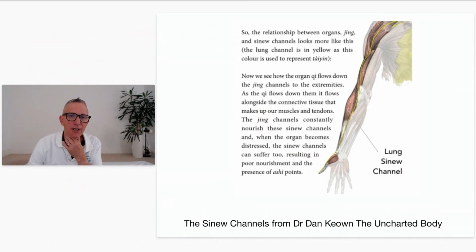He says the jing channels constantly nourish the sinew channels, and when the organ becomes distressed, the sinew channels can suffer too, resulting in poor nourishment and the presence of archie points. And that's why you're going to get stiffness and pain sometimes down the channel when you get into organ things. And even, as we saw earlier, you might even get dramatic lines happening along the channels. That's quite rare, but it can happen.